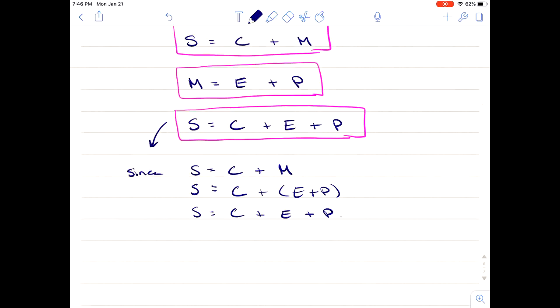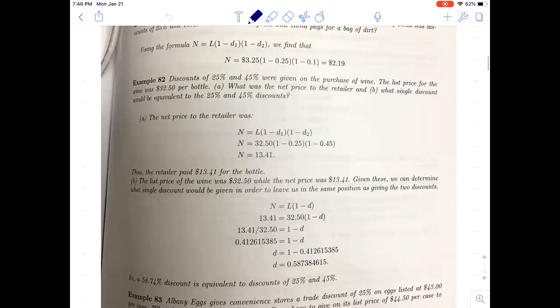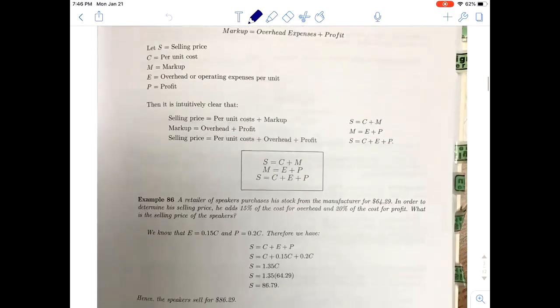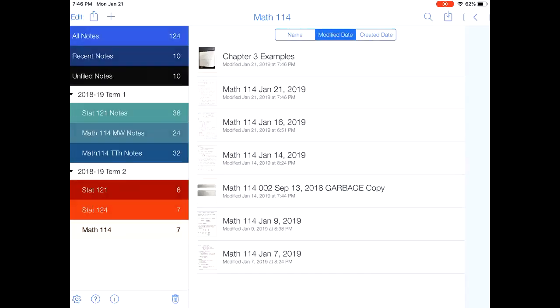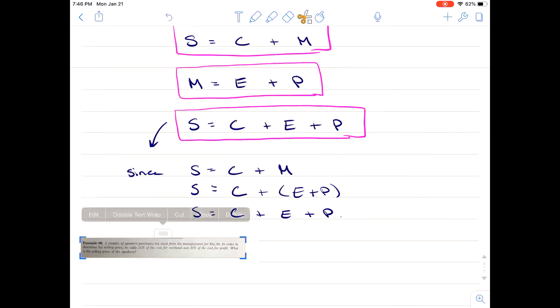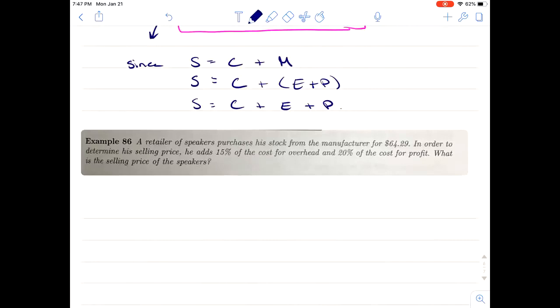Let's do an example. Let's do example 86. A retailer of speakers purchases his stock from the manufacturer for $64.29.